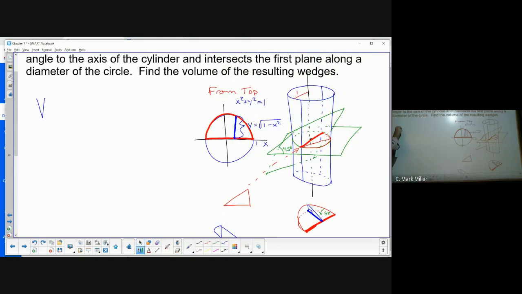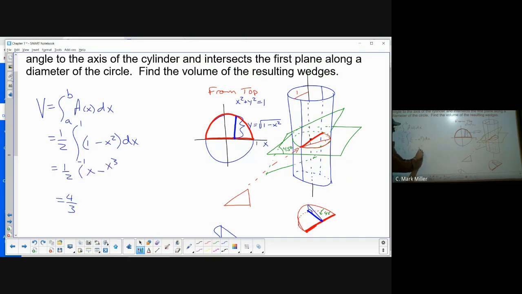Our volume is the integral from a to b of A of x dx. That's 1/2 the integral from -1 to 1 of 1 minus x squared dx. Oh, shucks. That equals 4 pi over 3. Sorry, 4/3. Very simple integral in the middle, because that's going to be 1/2 times x minus x cubed over 3 from -1 to 1. And it comes out to 4/3.